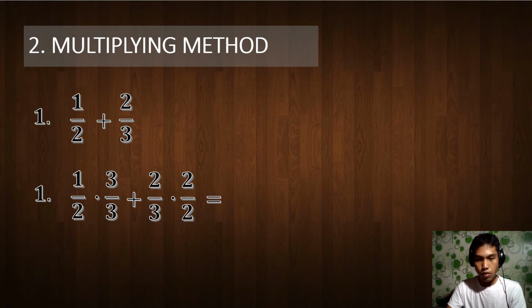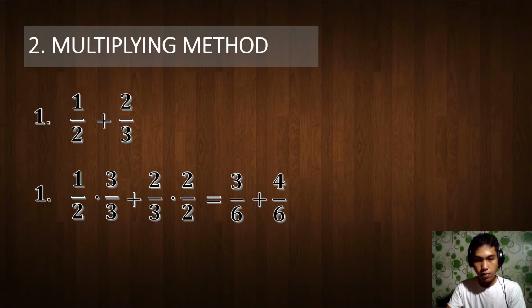Okay, so we simplify. 1 times 3 is 3, 2 times 3 equals 6. The idea here is actually the reverse of reducing to the lowest term.